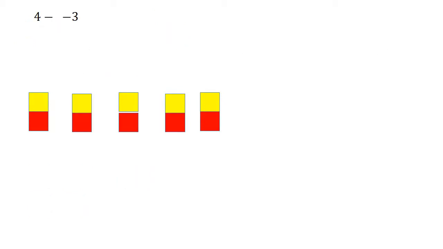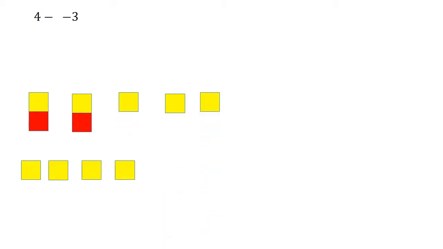And another problem, if we have 4 subtract -3, starting off with our neutral pairs again, even if we don't need them, we've got +4 and we're subtracting -3. So we need to take away 3 of the negatives, or take away 3 of the red tiles because they represent negatives. So we're subtracting 3 of those negatives.